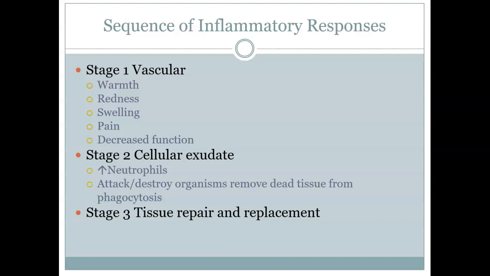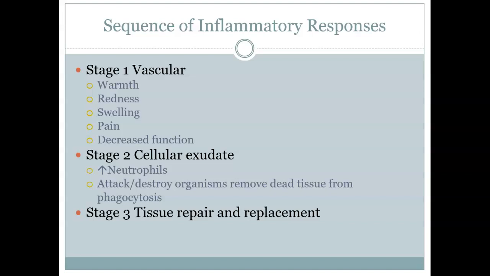So I was in the vascular stage where I had warmth, redness, swelling, because I've produced some kind of stress to my right knee. So these are the symptoms: warmth, redness, swelling, pain, decreased function.